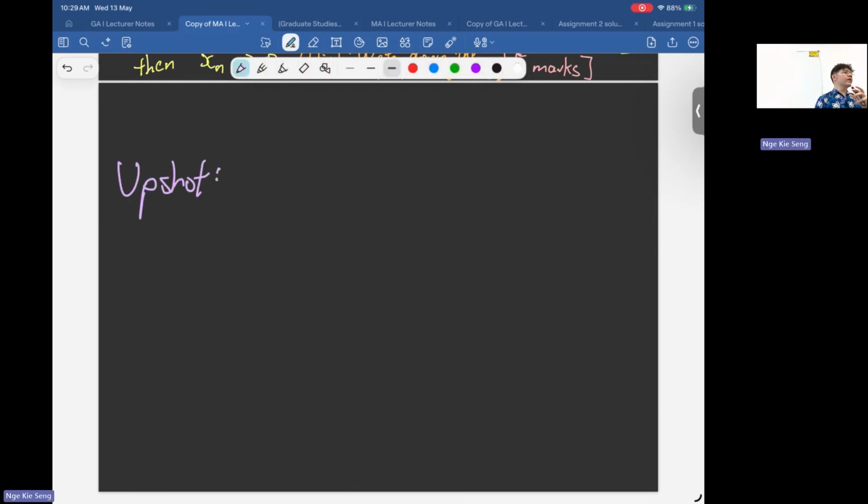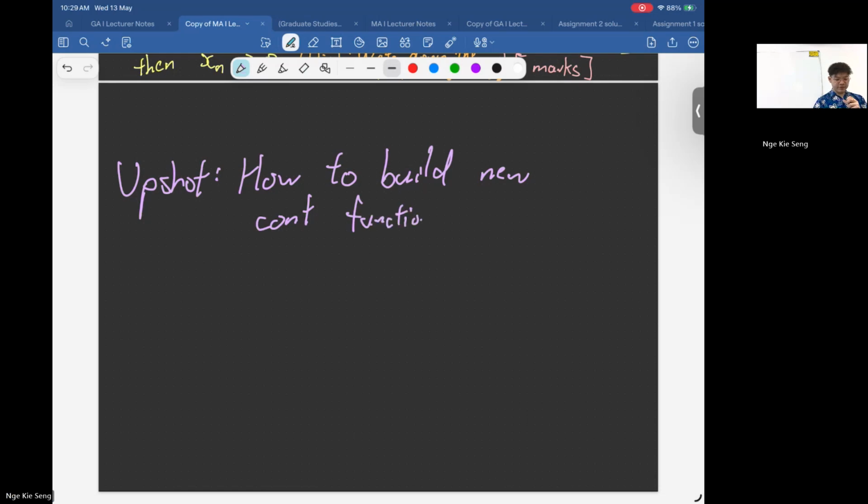Okay. So far we have the upshot: how to build a new continuous function from the old one. Do you still remember?